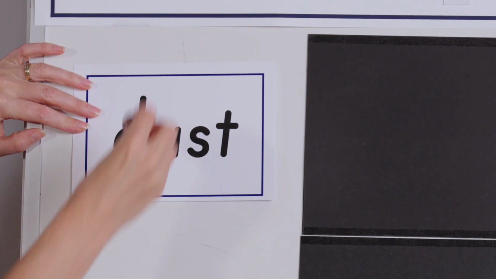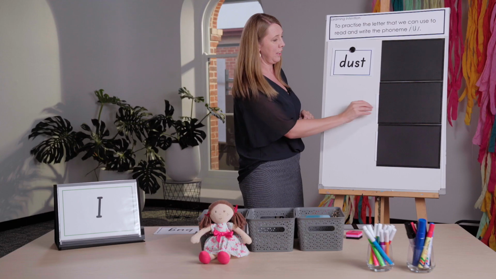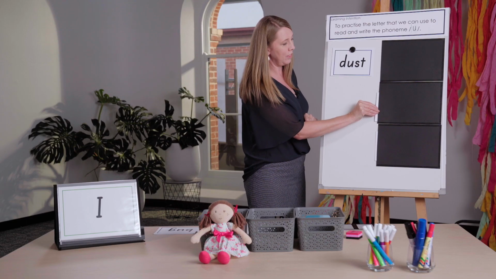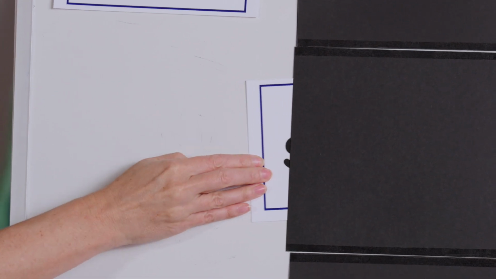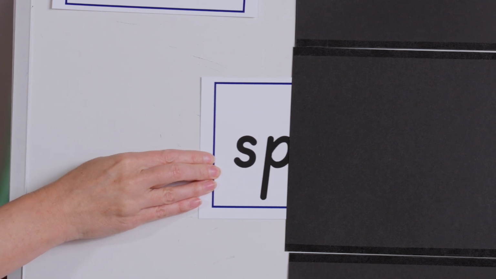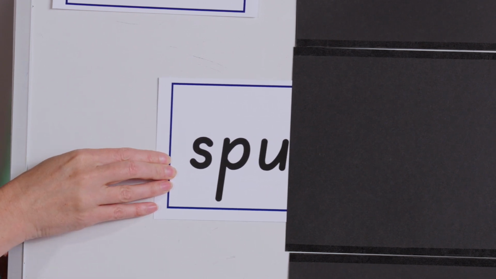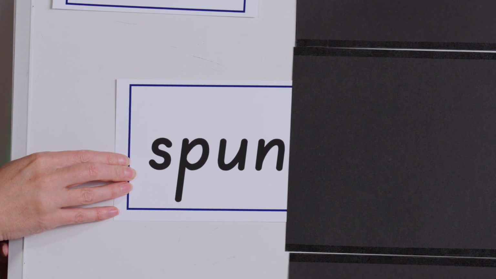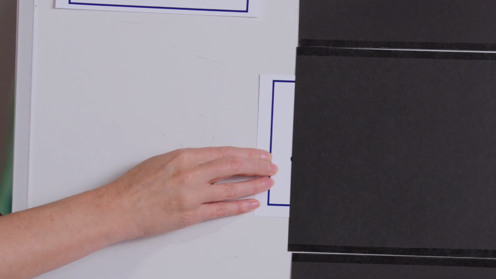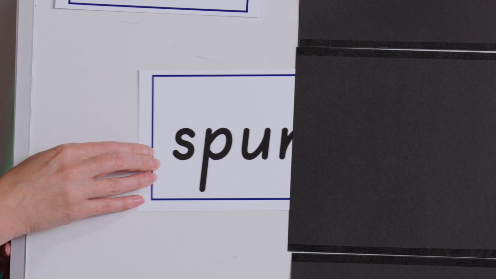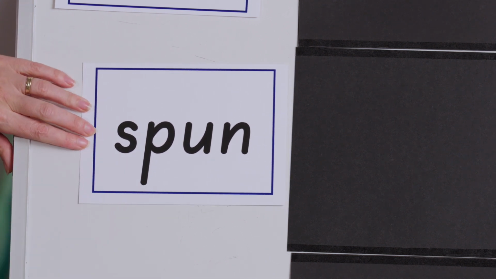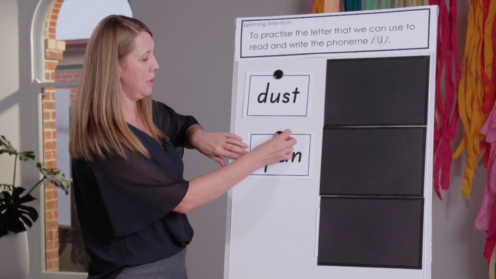This is the word dust. I wonder what the next word is. Let's see. S, p, u, n. Let's do a little bit faster. S, p, u, n. Spun. This is the word spun.